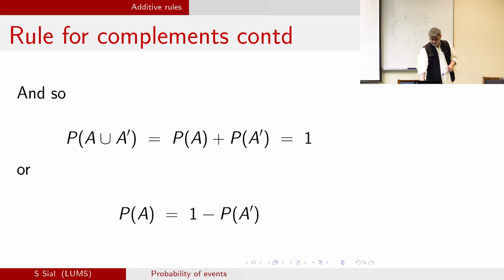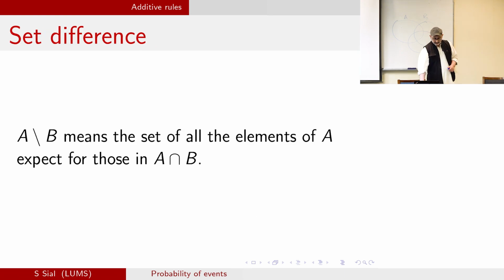That means the probability of A is equal to 1 minus the probability of A complement. So this is a handy rule to have, because sometimes you want to calculate the probability of A, but it's not so easy, while calculating the probability of A complement is easier. So you calculate the probability of A complement first, and then 1 minus that probability gives you the probability you originally wanted. Okay.